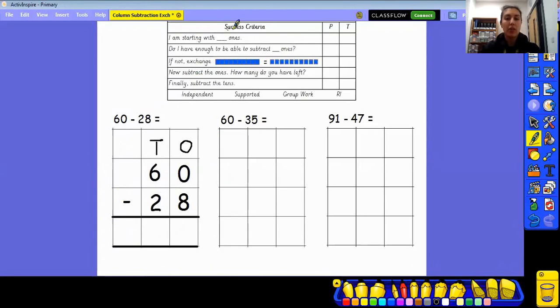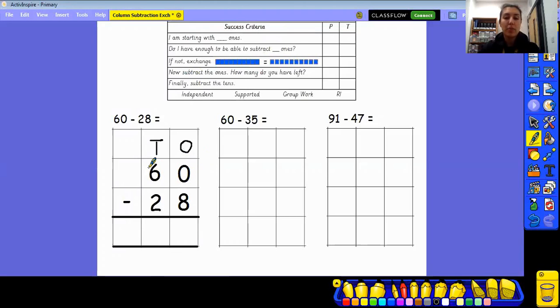So following on with my success criteria, I am starting with 0 1s. Do I have enough to be able to subtract 8 1s? Well, no, I don't, because 8 is too big and 0 is too small. So I need to get some 1s.